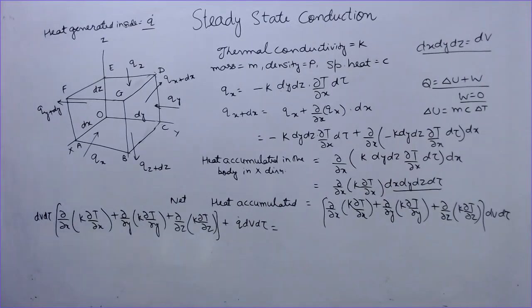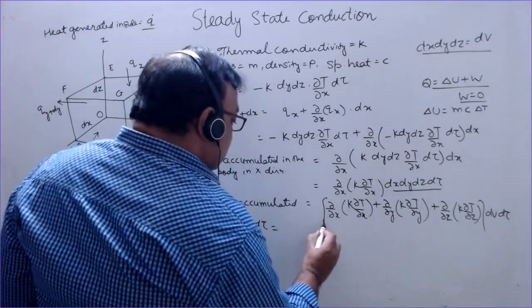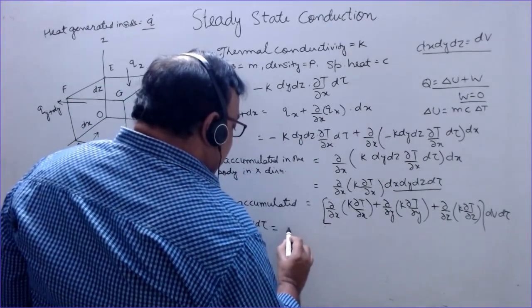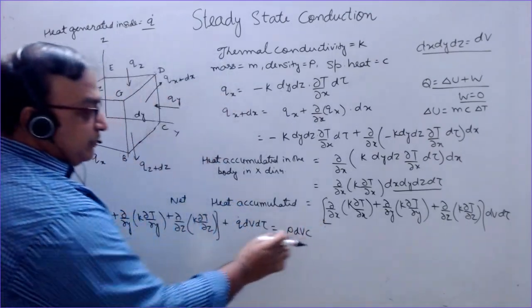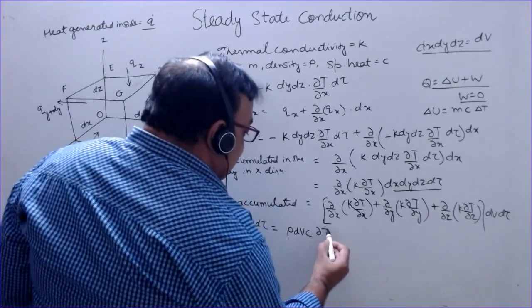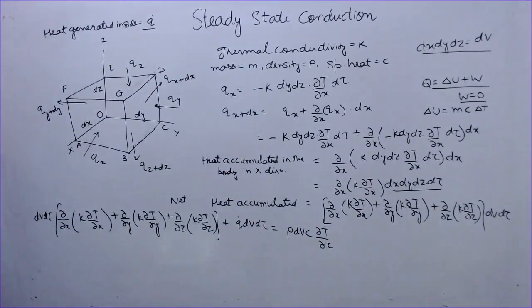So these two must be equal. So this is equal to mass, which is density into volume, rho into dV, into specific heat, c, del T by del tau, rate of change of temperature with respect to time, multiplied by the time, d tau.